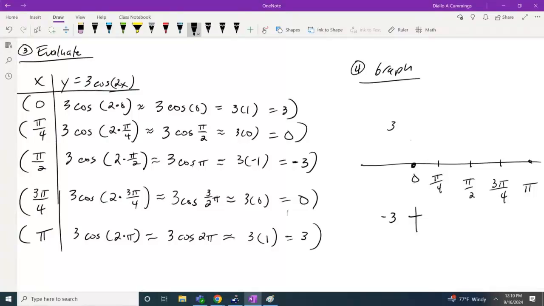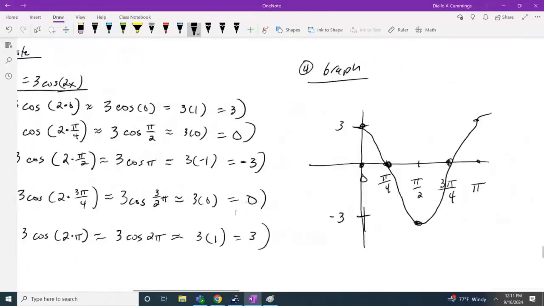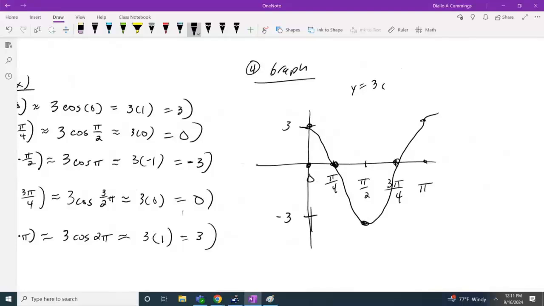So we have 0, comma 3, which is here, pi over 4, comma 0, pi over 2, comma -3, 3 pi over 4, comma 0, and pi, comma 3. And that gives us something that looks like that. Okay.